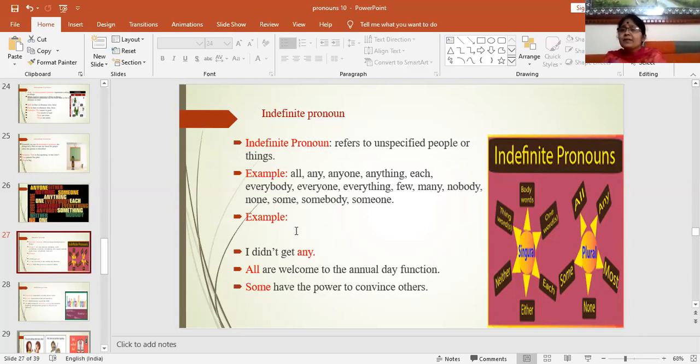It's indefinite, right? So this way, we also use indefinite pronouns in our daily language. So what is an indefinite pronoun? It refers to unspecified people or things, right? Like I didn't get any. All are welcome to the annual day function. Some have the power to convince the others.